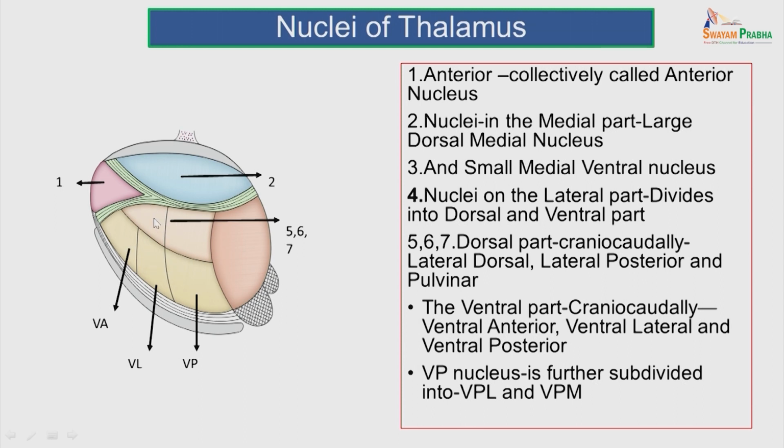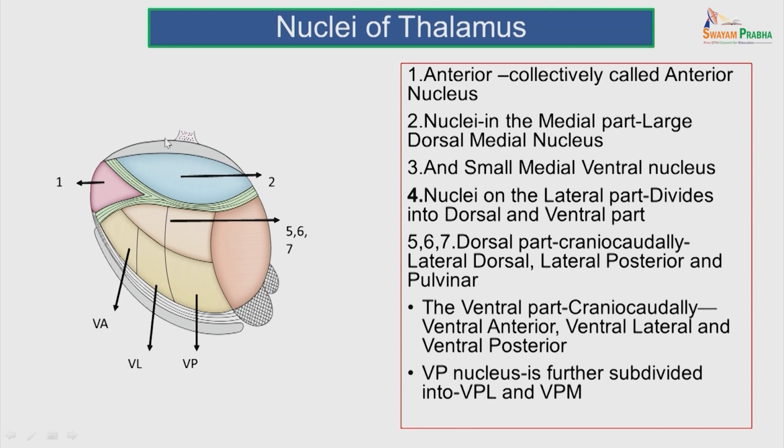This dorsal part, which we have craniocaudally, which I have numbered as 5, 6 and 7, are the dorsolateral, dorsoposterior, and then the pulvinar part. Then the other nuclei are the ventral anterior, ventral lateral and ventral posterior nucleus, which is again subdivided into ventral posterior lateral and ventral posterior medial.